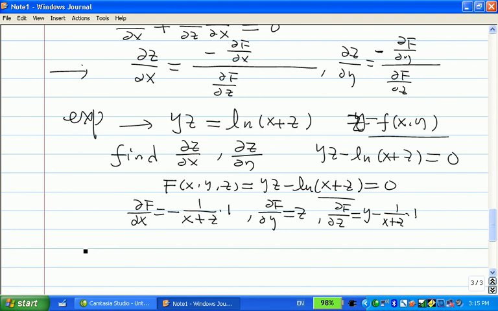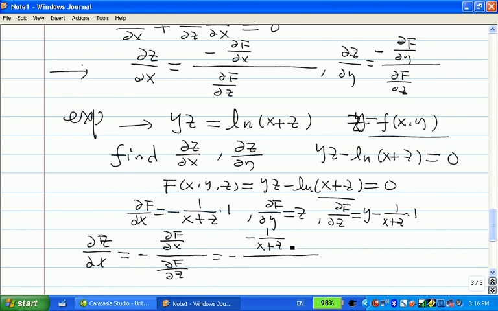Okay, now we have everything, so we can find the partial z with respect to x. It gives you minus partial f with respect to x over partial f with respect to z. Write down everything clearly. That will reduce your chance of making a mistake. My partial f with respect to x gives you minus 1 over (x plus z).